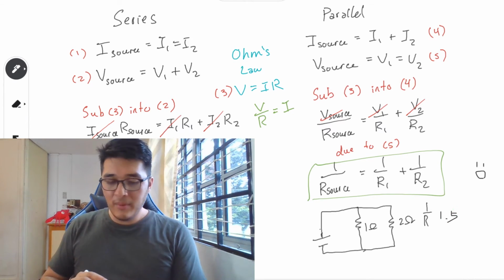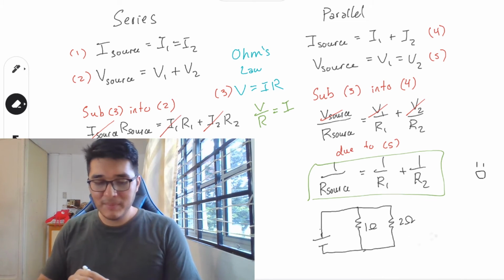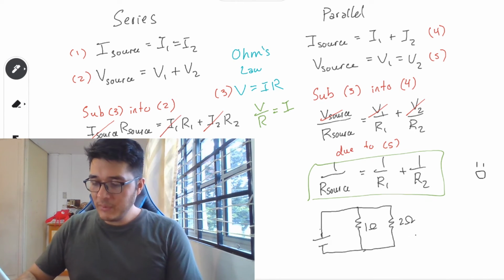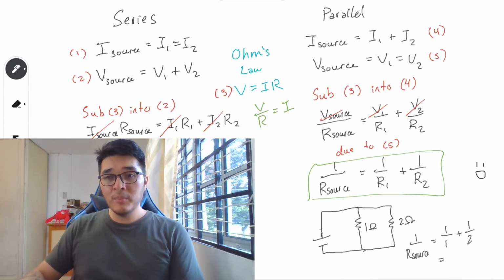Oh no, don't put the number. People don't understand the number. You've got to go through the steps. So 1 over R source will be equal to 1 over 1 plus 1 over 2. What's 1 plus 1 over 2?